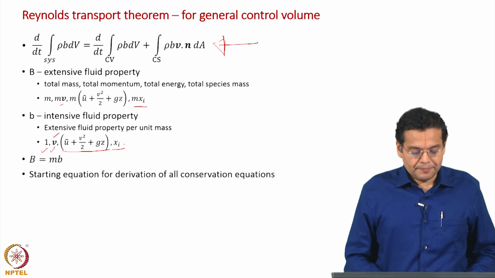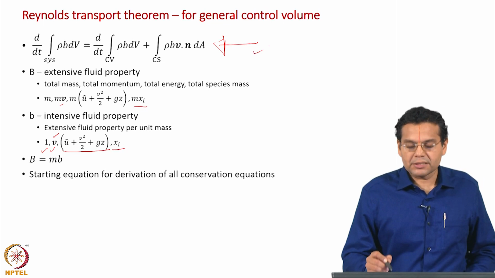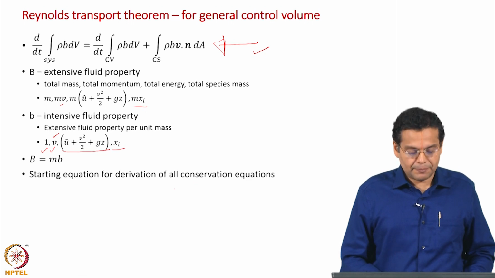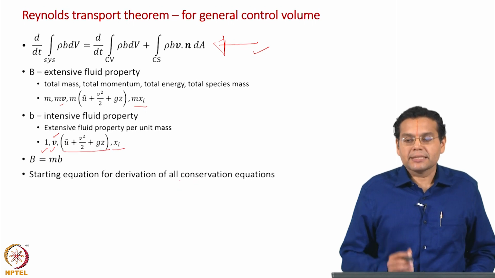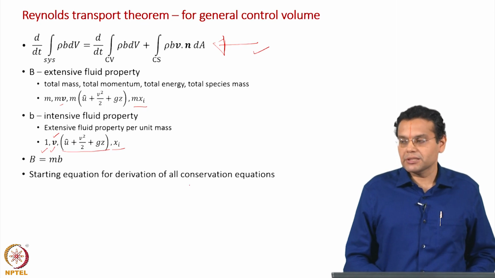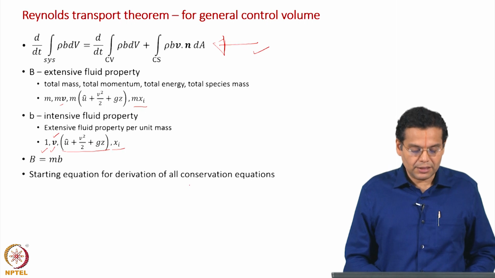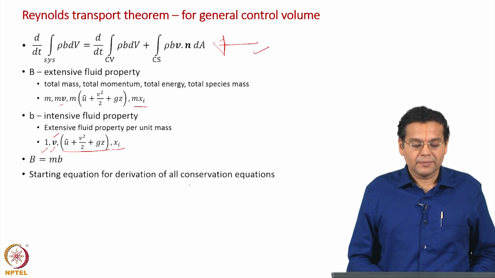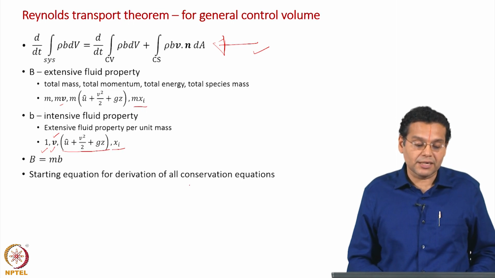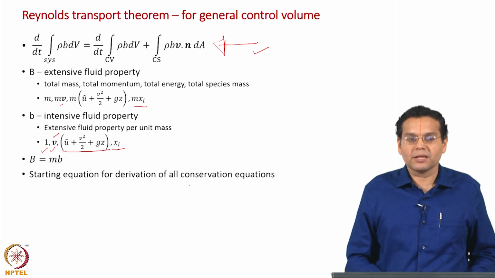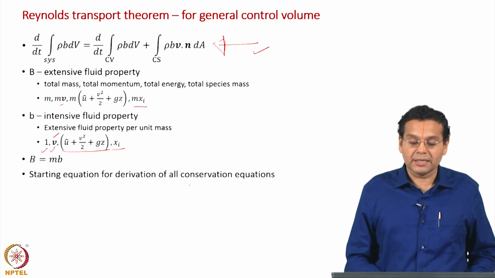This equation, the Reynolds transport theorem, this equation which represents the Reynolds transport theorem is a starting equation for the derivation of all conservation equations, which we will see as we go along. Of course, it looks a little scary. You have an integral expression, and that integral expression is within a differential expression, and likewise you have two expressions on the left hand side, and on the right hand side you have another integral expression.